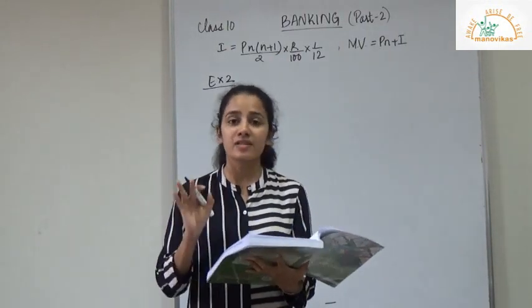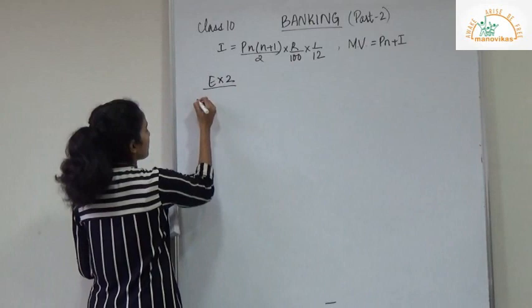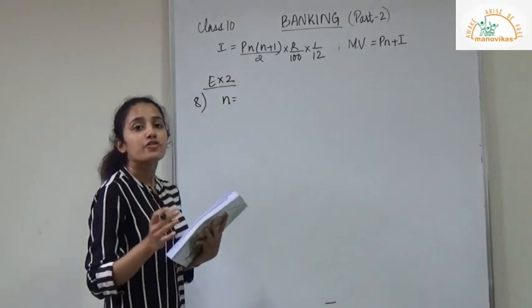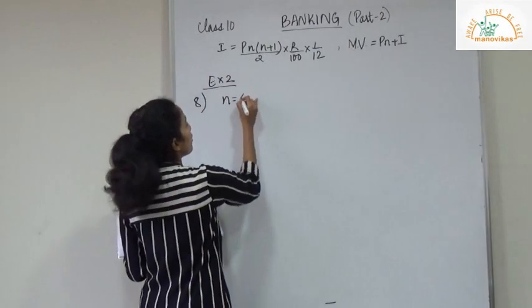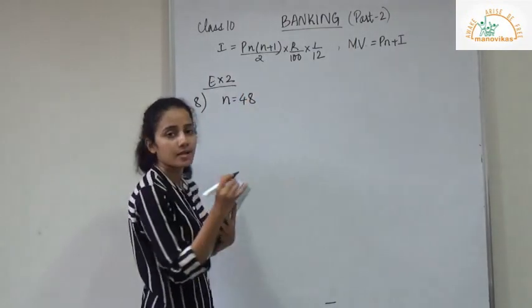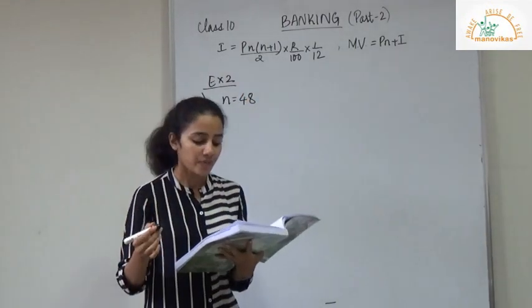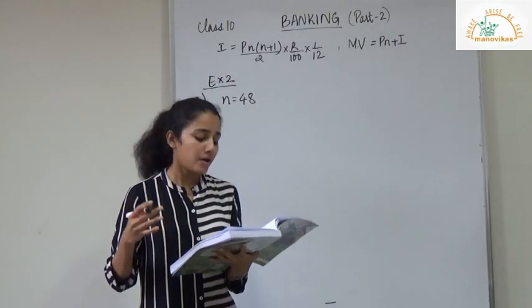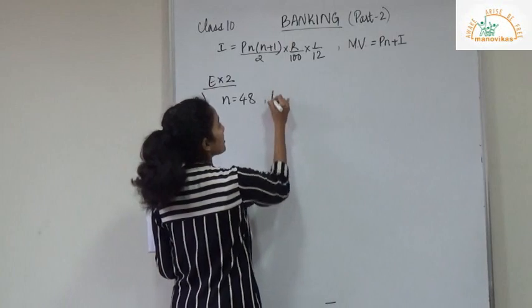So here we are given the time period, that is n is equal to 4 years. So 4 years will be equal to 48 months, that is 12 into 4. The next thing is that he deposits rupees 650 per month, so that will be the principal.